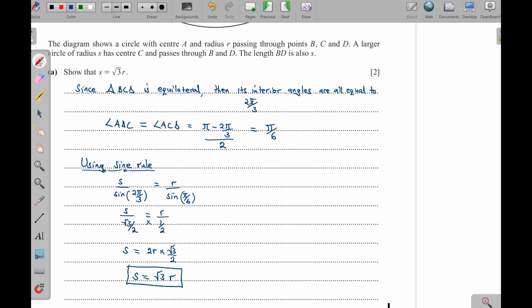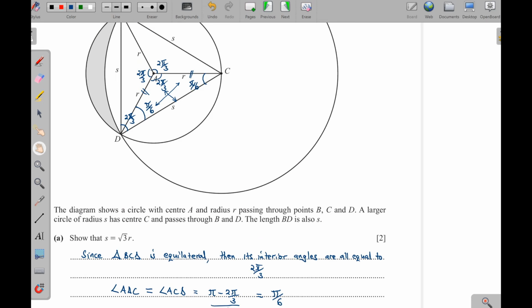Then alternatively, using the cosine rule. So using the cosine rule, what shall we have here? We have a side here, s, and then the angle opposite to it.